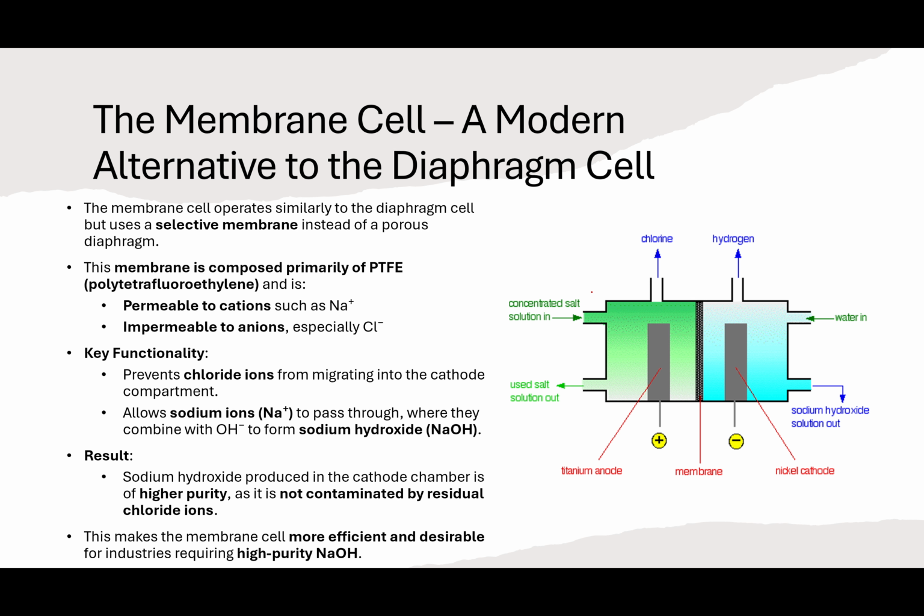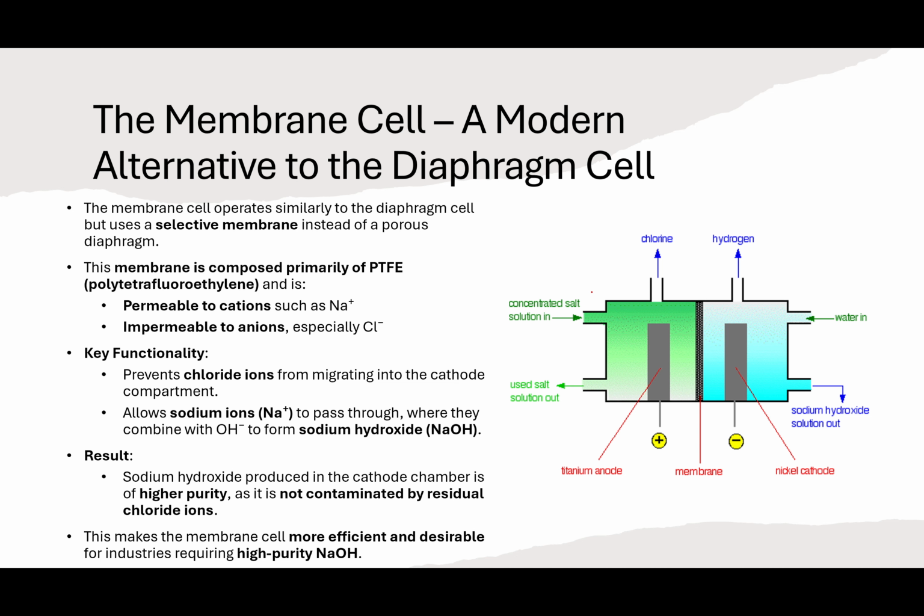Here we have a selective membrane composed primarily of polytetrafluoroethylene, and it is permeable to cations such as sodium and impermeable to anions, especially chloride. The key functionality prevents the chloride ions from migrating into the cathode compartment, and it allows sodium ions to pass through to produce sodium hydroxide.